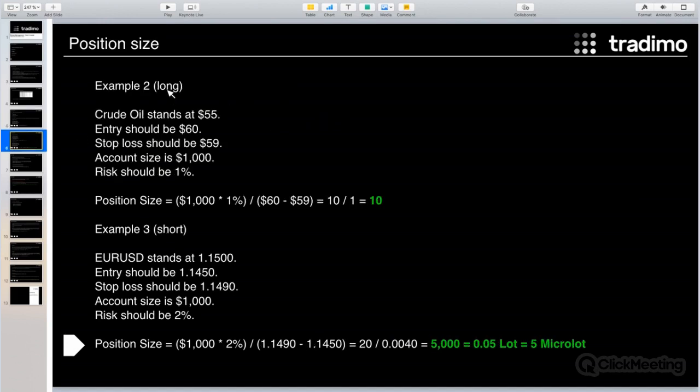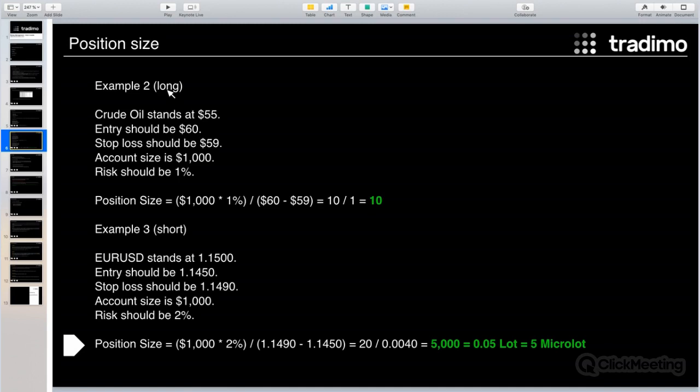Yeah, then let's make another example. Example 2 here. We want to go long in crude oil, and crude oil is quoting around $55. The entry should be at $60 and the stop loss is then 59. So the difference between entry and stop loss is $1 and the account size is $1,000 and the risk could only be 1%.